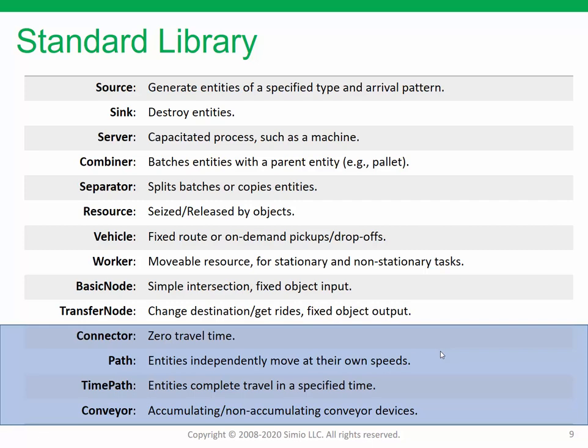I have paths where entities independently move, and so the duration of the transfer depends on the length of the path and the speed of the entity. I have a time path in which all entities traverse the path in the same time. And then finally I have a conveyor, which allows me to model accumulating and non-accumulating conveyor devices in manufacturing systems.